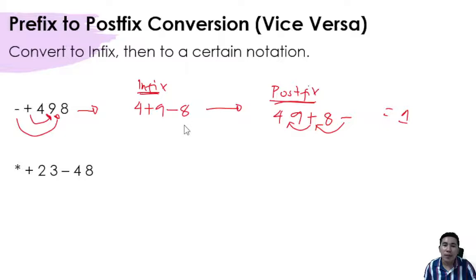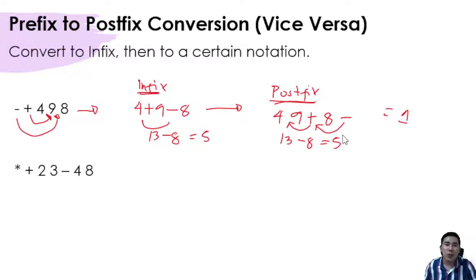Sorry, I'm so sorry. So you have 4 plus 9 is 13, and then 8, which is equal to 5. So the same thing here, you will need to add 4 and 9, which is 13, and then subtract 8.